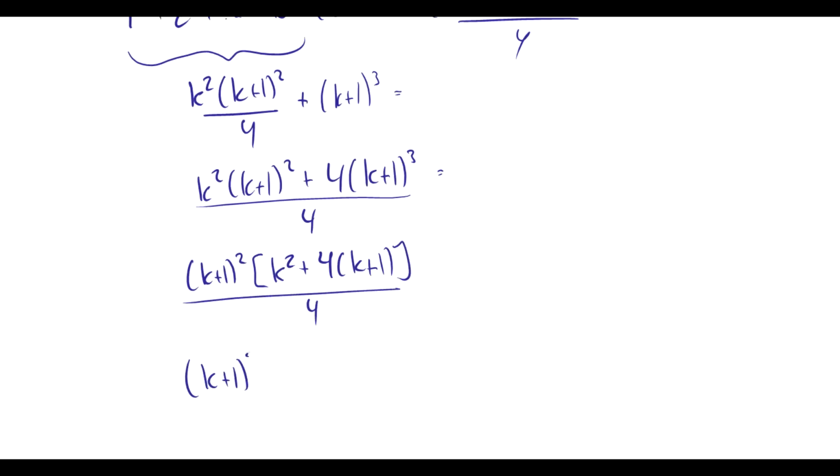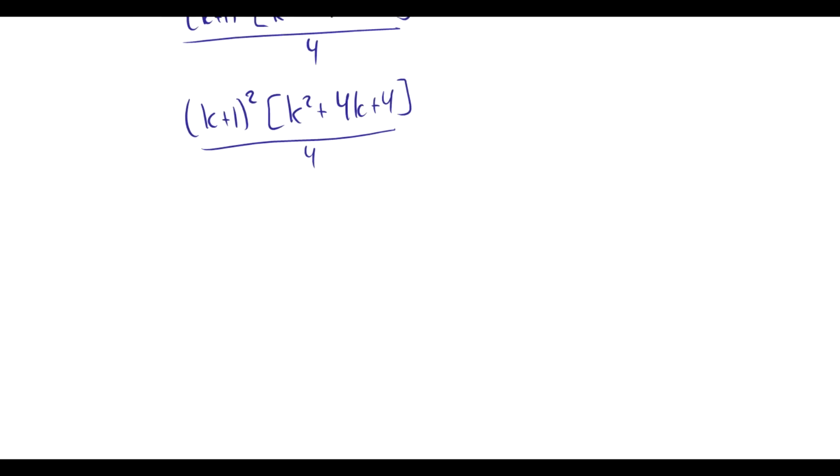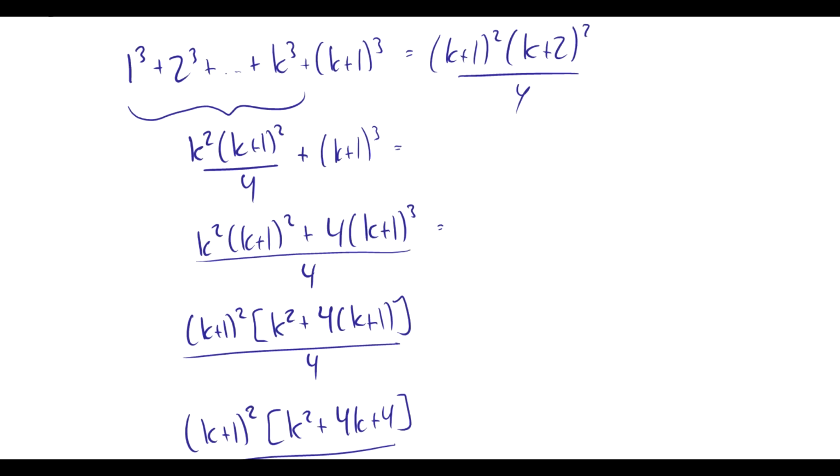Okay, so let's expand this. So this is going to be (k+1)² times k² + 4k + 4 all over 4. Okay, so that's going to be (k+1)² times, well, we can factor this. This is going to be (k+2)(k+2), so that'll be (k+2)² all over 4, and I'm pretty sure that's what we were looking for.